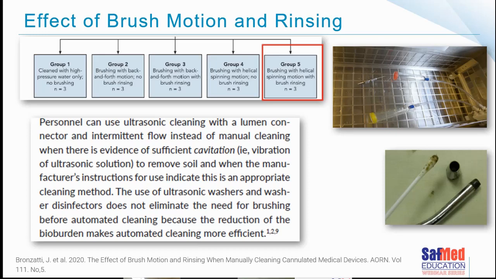But the use of ultrasonic washers and washer disinfectors does not eliminate the need for brushing before automated cleaning, because the reduction of bioburden makes automated cleaning more efficient. So ideally, we should be taking our cannulated instruments, putting them through an ultrasonic washer, doing a manual process as well, and putting them through the washer disinfector. That way, we'll make 100% sure we're cleaning our instruments correctly.